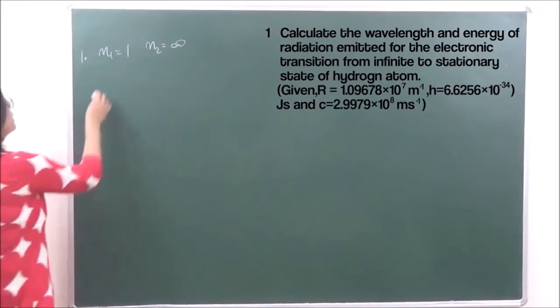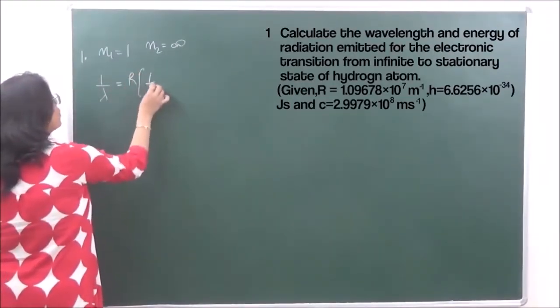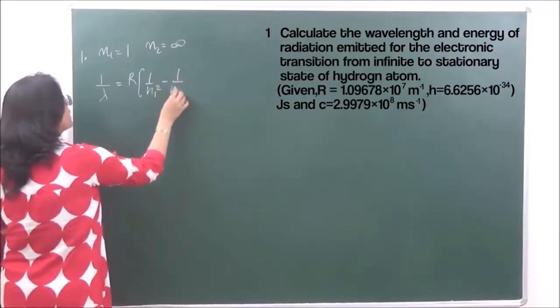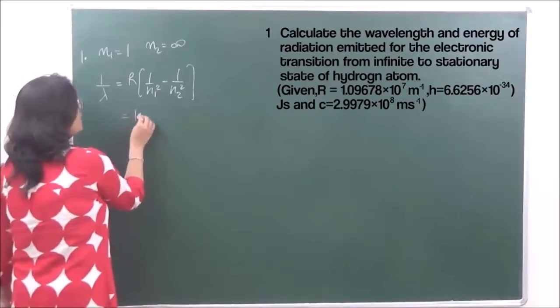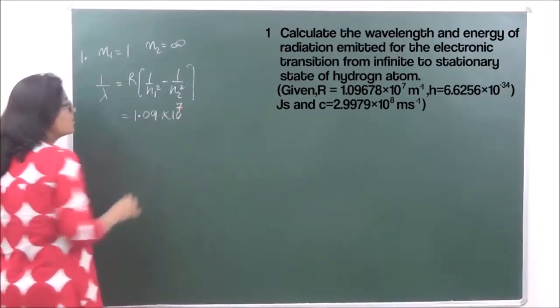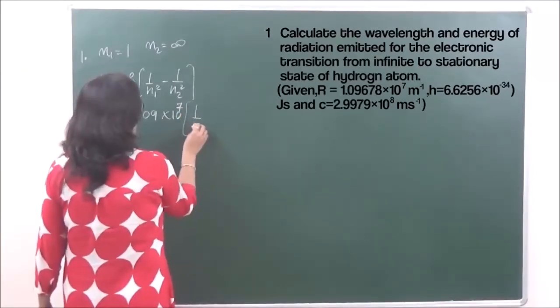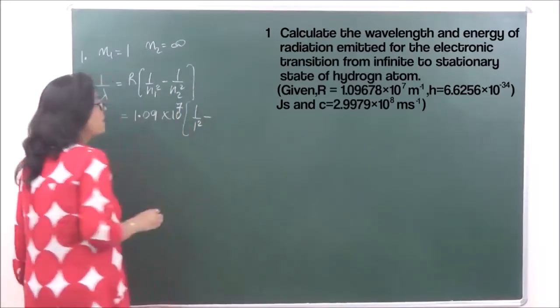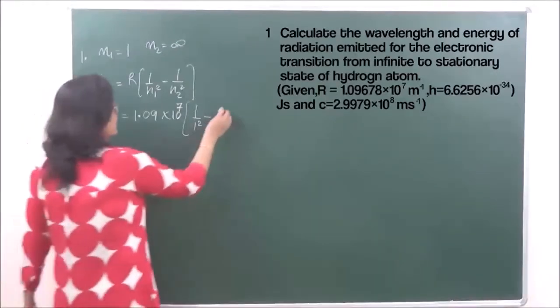So we apply the formula 1 upon lambda is equal to R times (1 upon n1 square minus 1 upon n2 square). This is the formula. The value of R is also given to you: 1.09, we can take approximately, into 10 raised to power 7. Then 1 upon n1 square, that is 1 upon 1 square, and at infinity, 1 upon n2 square is 1 upon infinity square.